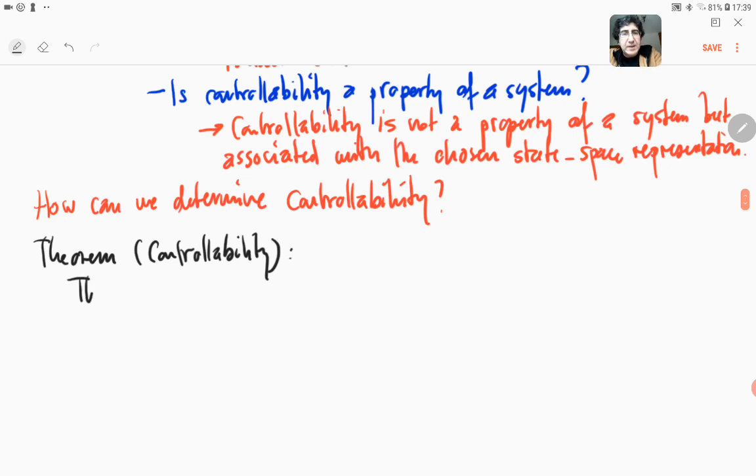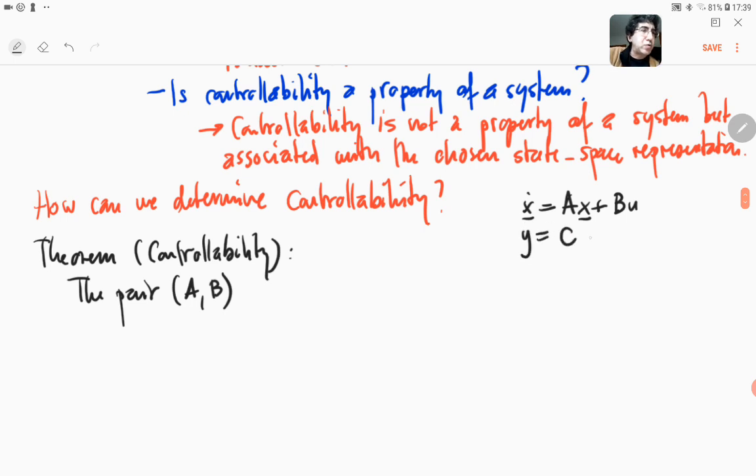So the theorem says the pair A, B, which involves the matrices A and B. Remember that we have a system given by x dot equals Ax plus Bu, y equals Cx.